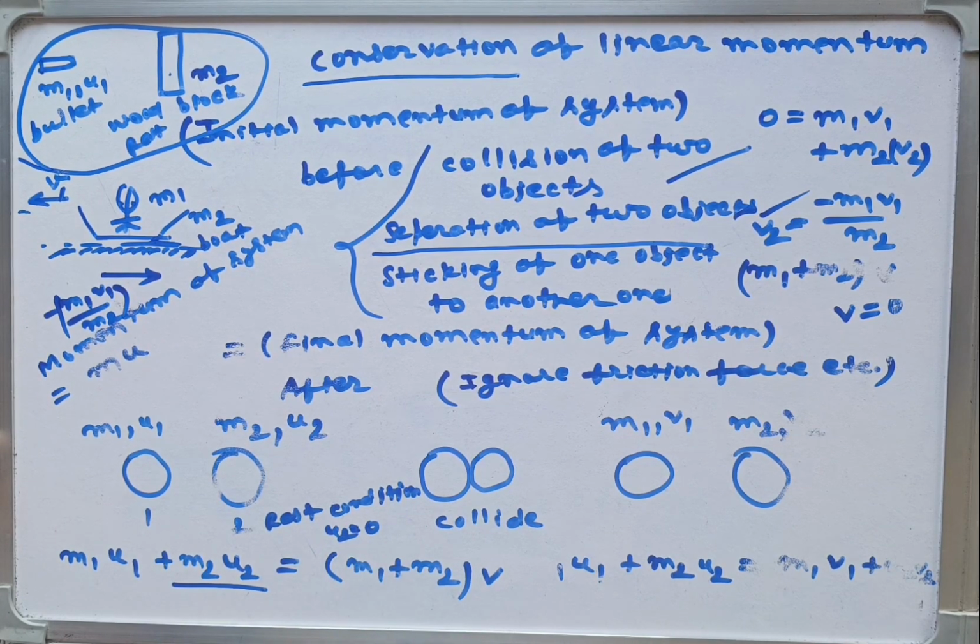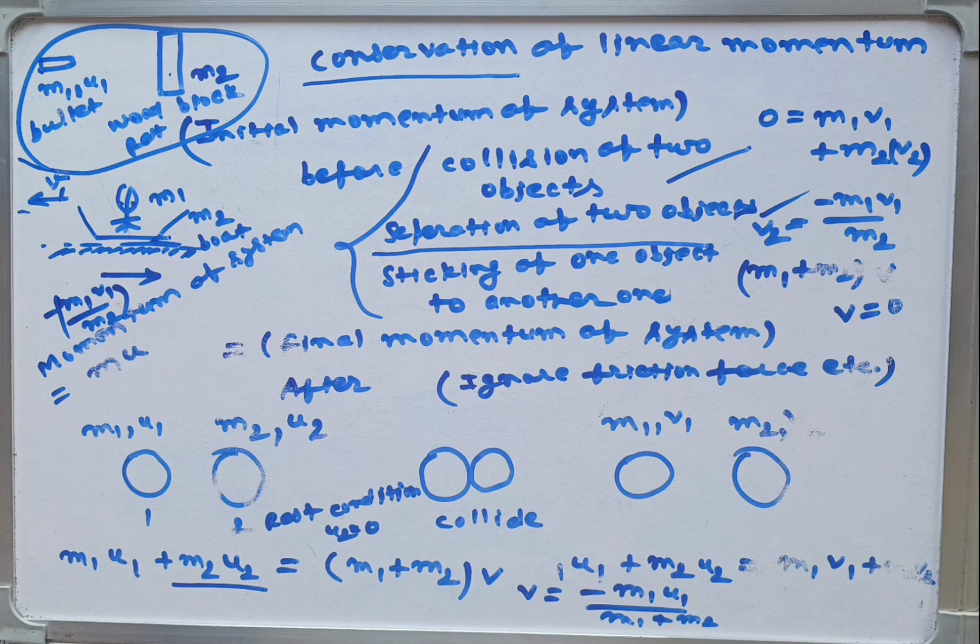So we can write v equals m1 u1 divided by m1 plus m2. So these are the three examples for the conservation of linear momentum.